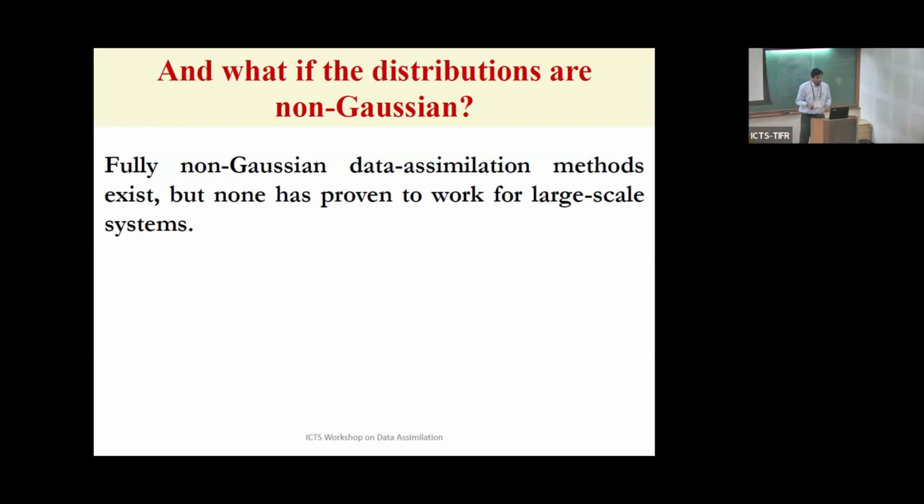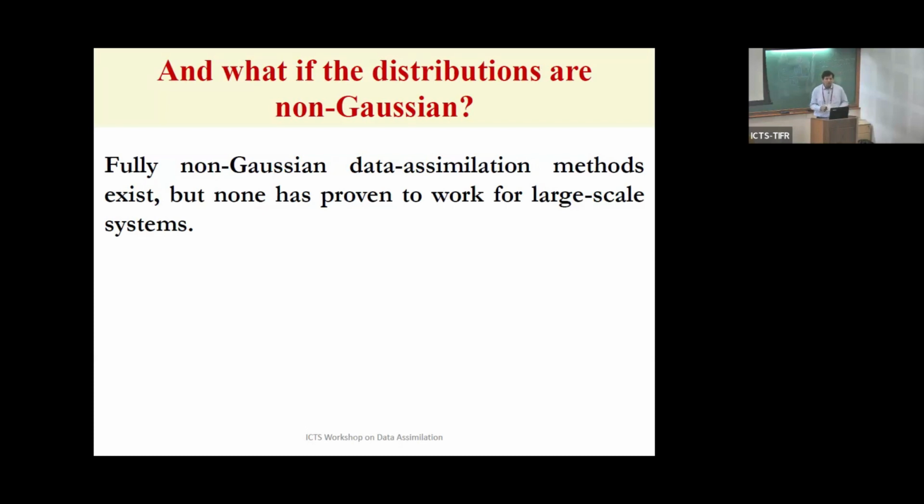So in the literature, fully non-Gaussian data assimilation methods exist, but none has been proven for large scale problems. Still, researchers are trying on that. They did some work, mainly Professor Leeuwen from Europe, and then Professor Doucet.